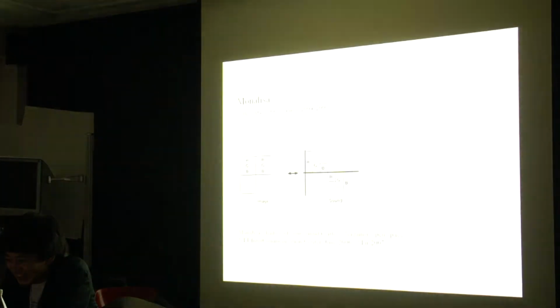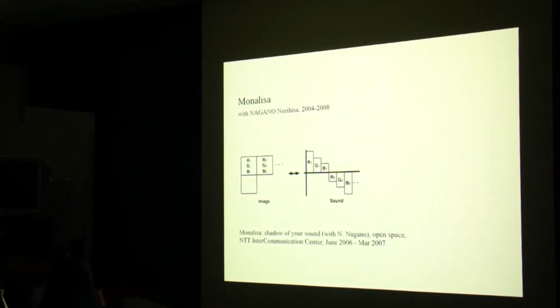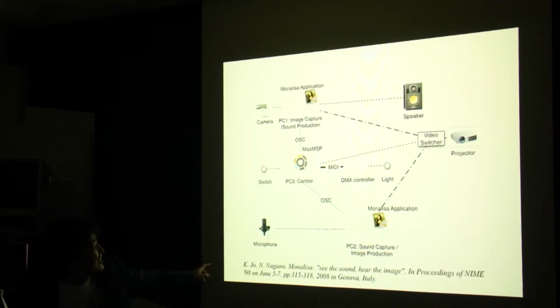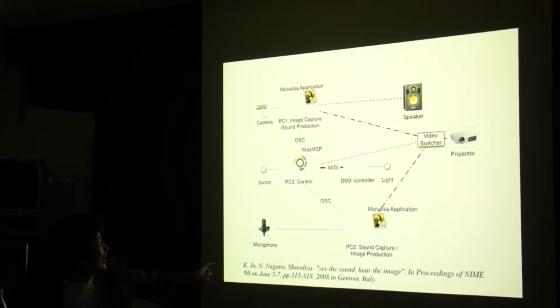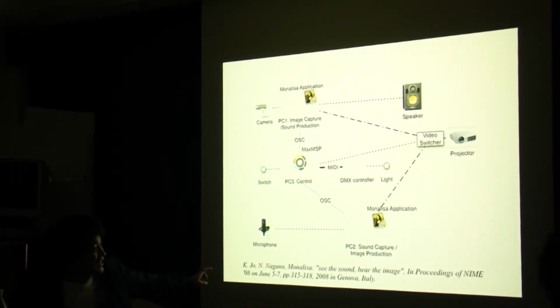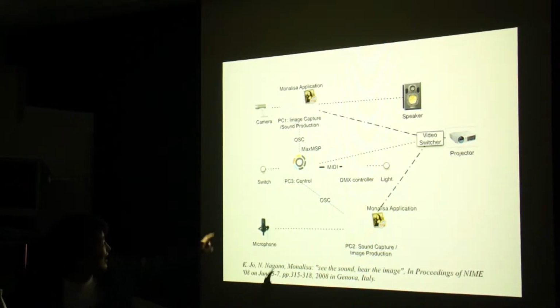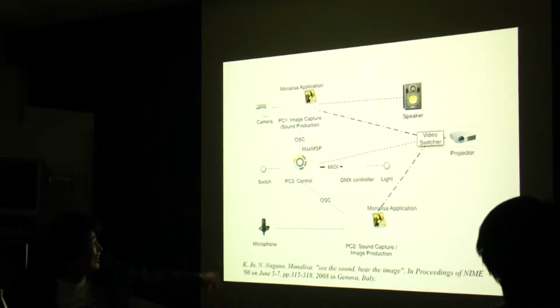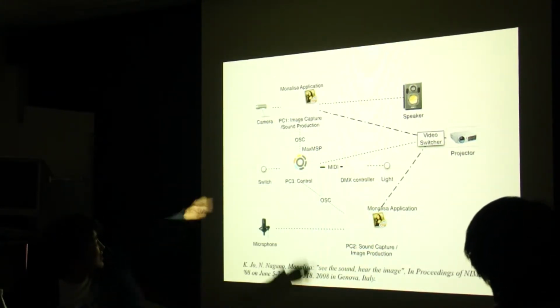So it's like encoding or decoding the image into sound. Yeah, and it's kind of complicated work. But in the installation we used 3 Macs, two for the application, our original code, and one for controlling, like the system diagram.